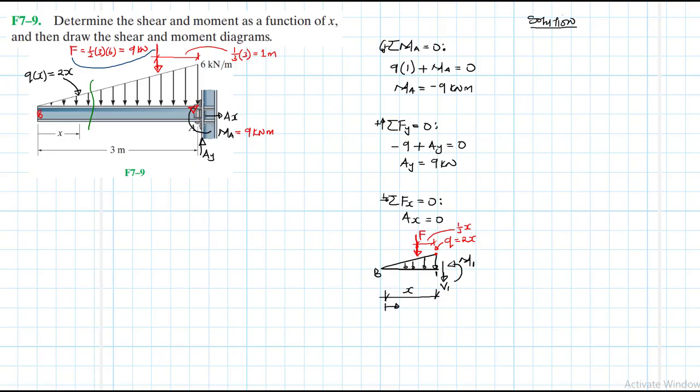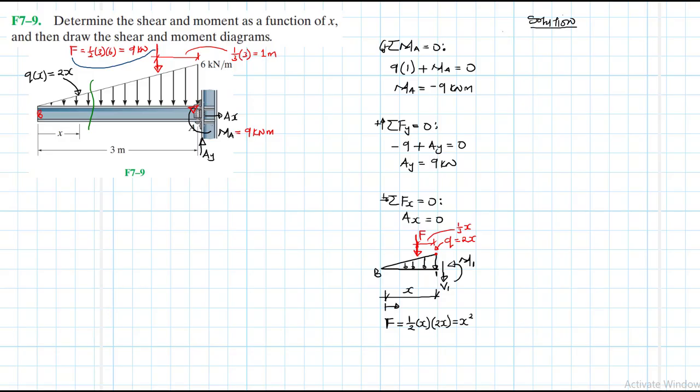So we have all the information, but we've not defined what F is. Therefore, this F, which is an equivalent force on this small segment, is going to be equal to the area under the load diagram. So it is going to be half times x times q, which is 2x. Therefore, this gives us x squared.